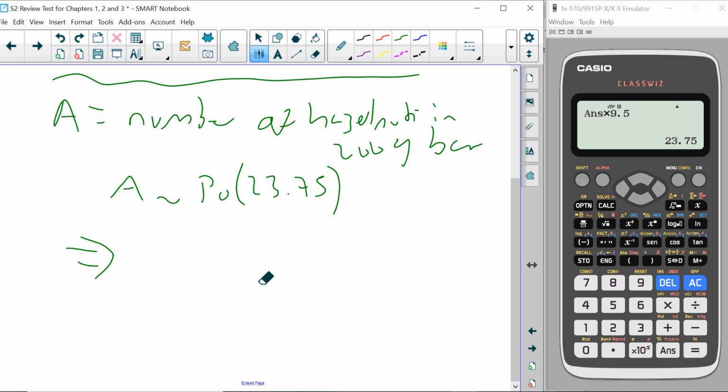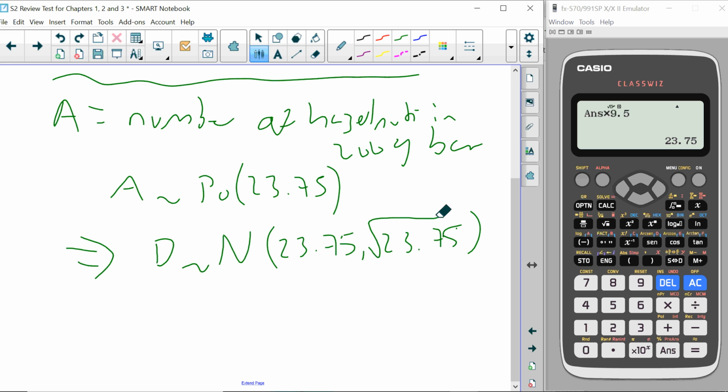Let's go to D. I don't want to use C. So I could say D is normally distributed, and the distribution we use when we approximate from a Poisson is lambda, 23.75, and lambda again. Just as a reminder, we take the square root of the variance to get the standard deviation when we use it in our formula.